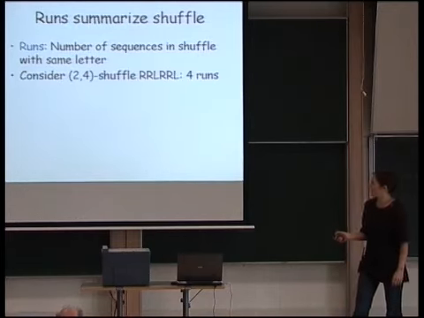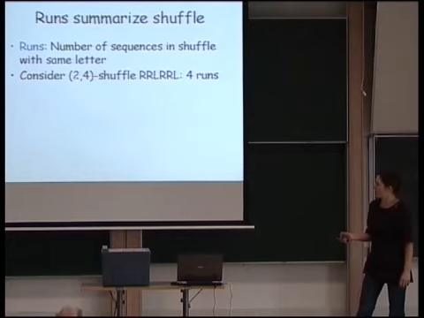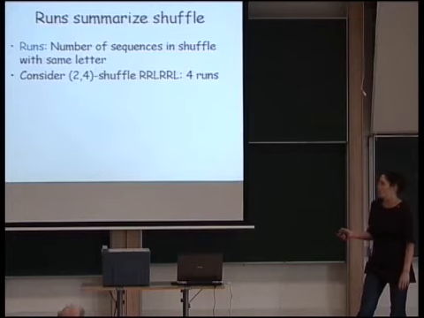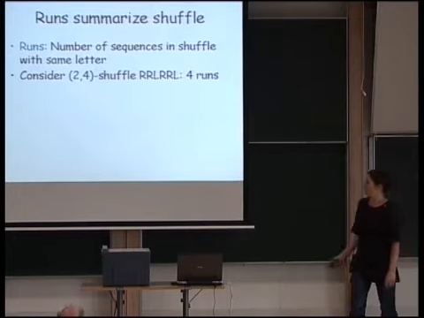I guess with an example it becomes clear really quickly. Take a 2-4 shuffle, 2 L's and 4 R's. For example, RRLRRL has 4 runs because we have a sequence of 2 R's, that's the first run. Then we have 1 L, which is the second run, 2 R's is the third run, and an L is the fourth run. So this shuffle would have 4 runs.